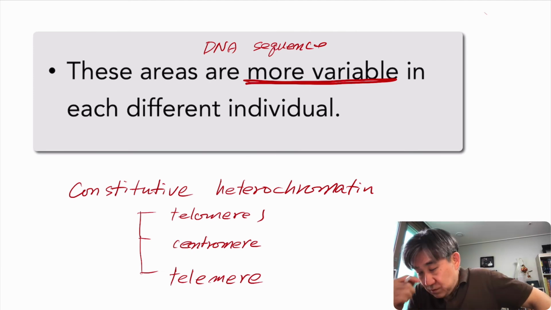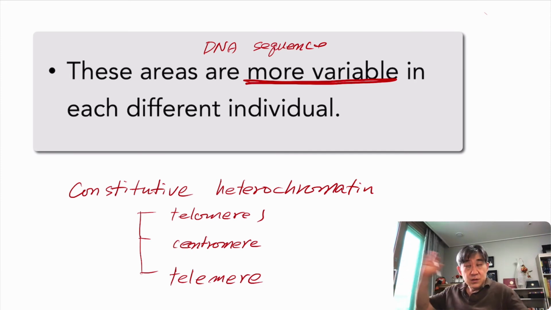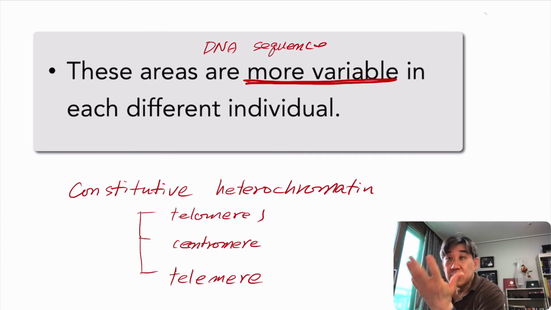If you think about the average DNA sequence difference between two randomly picked human individuals, how much difference do you expect? Something like 99.9% will be identical, right?